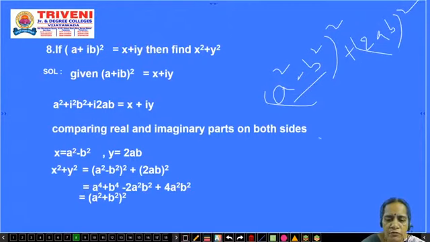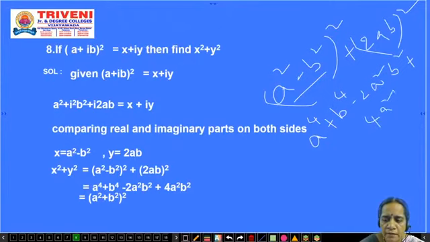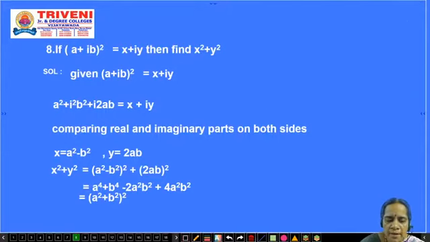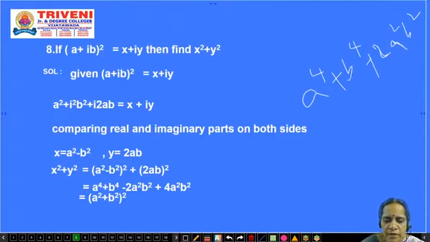That is a square whole square, a power 4, plus b square whole square, b power 4, minus 2ab, that means 2a square b square, plus 2ab whole square means 4a square b square. Then simplify this. What do we get here? a power 4 plus b power 4 plus 2a square b square. This is in the form of a square plus b square plus 2ab, that can be written as a square plus b square whole square.